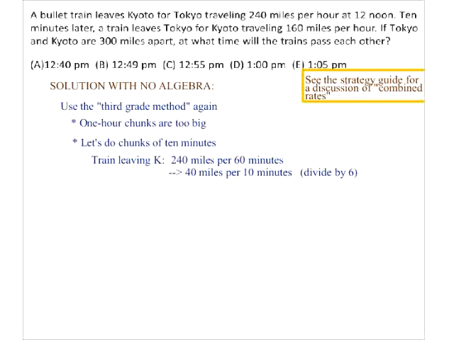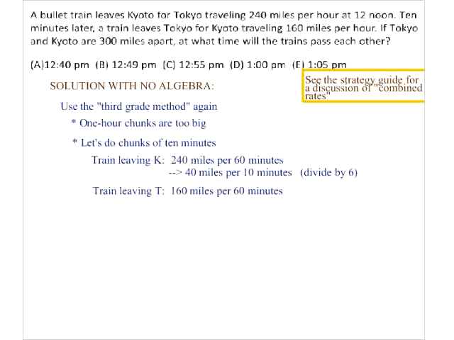And then the train leaving Tokyo is going 160 miles per 60 minutes. This is not as nice, but if you divide by 6, you get 26 2/3 per 10 minutes.